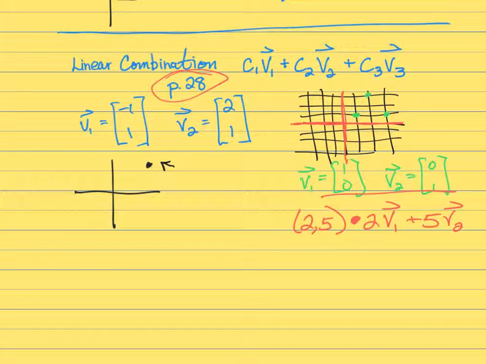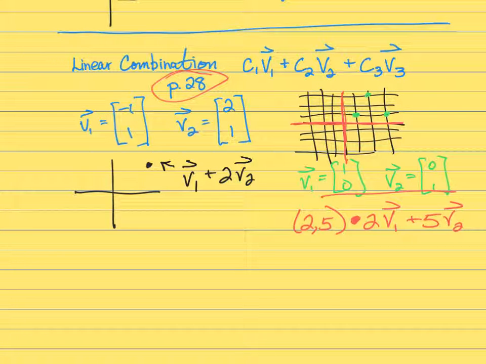Well, let's do it this way. Let me say 1 v sub 1 and 2 v sub 2s, and you get this point that we're talking about.